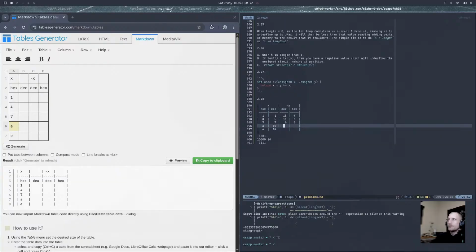We have 10. 10 from 16 is 6, which is just 6. And E is 14. 14 from 16 is 2. That'll be 2 here.